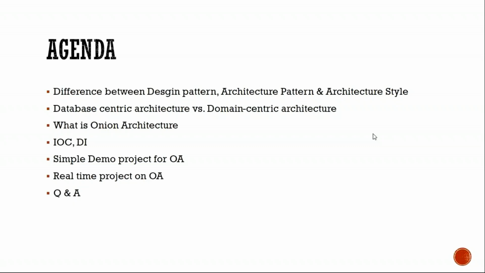To implement an onion architecture, we need some design patterns and IOC, so we'll see what IOC and DI are. We'll see two demo examples: one is a simple demo project for knowledge purposes, and then we'll implement a real-time project. If you want to start an application for freelancing or for your company, we'll see how we can implement it within a fraction of seconds.